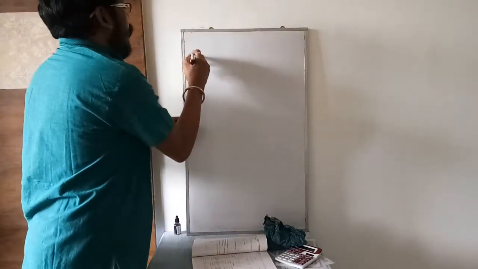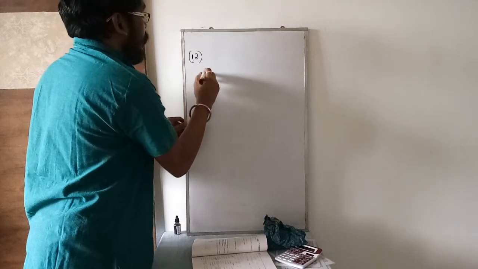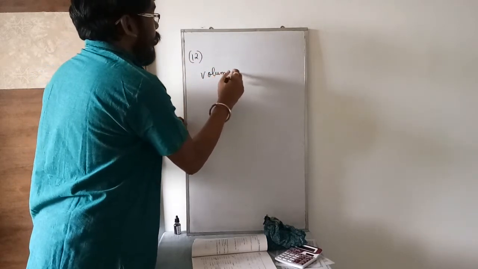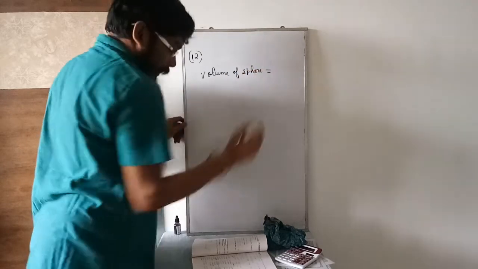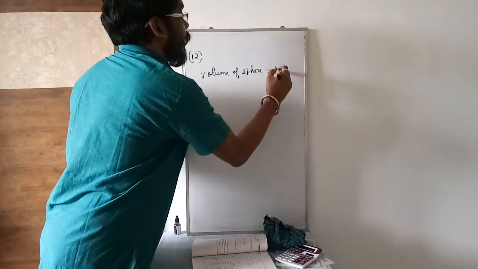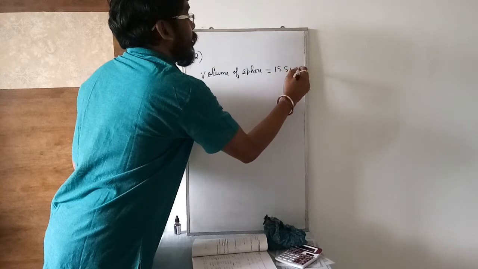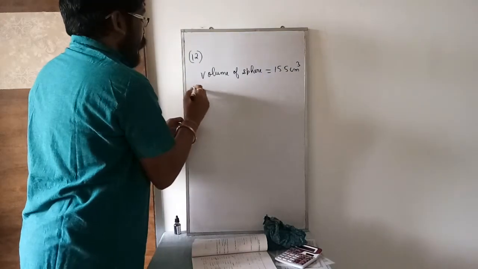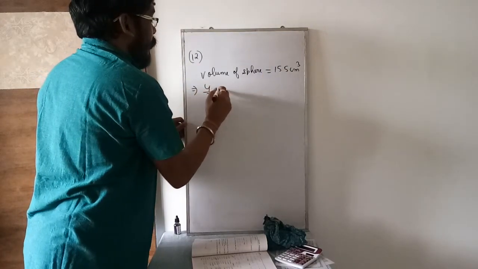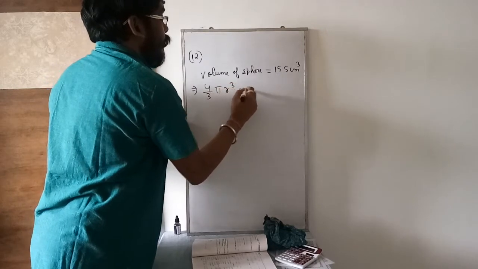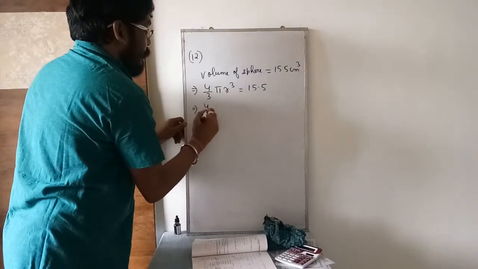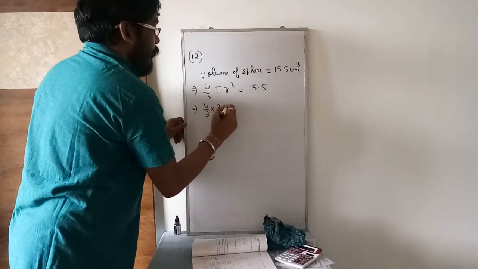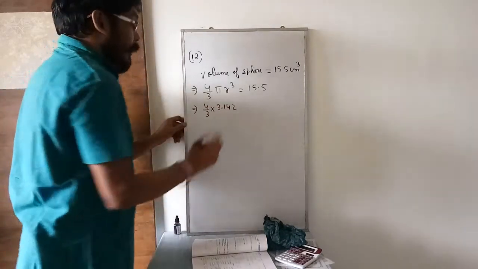So let me write: the volume of the sphere is given as 15.5 centimeter cube. The volume formula is 4 by 3 pi r cube equal to 15.5. You will use the pi value as 3.142.